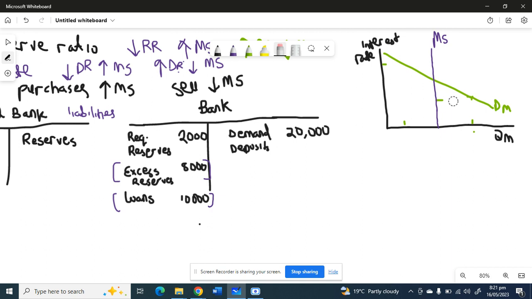So you have an upward sloping curve like that. I hope we're okay with this graph for the money markets.